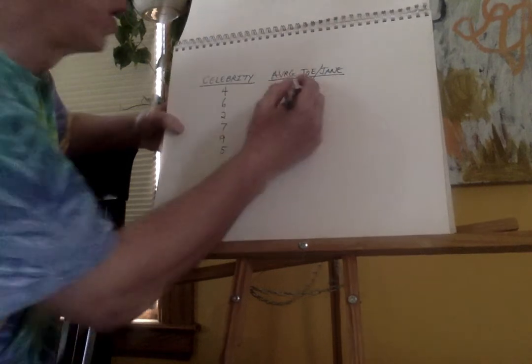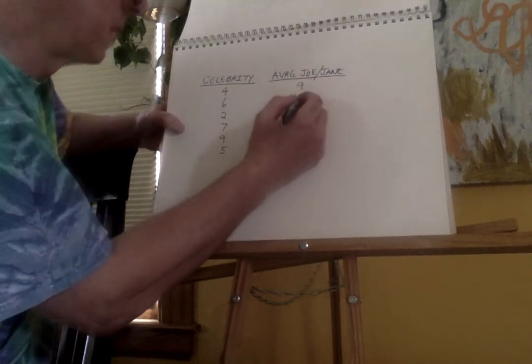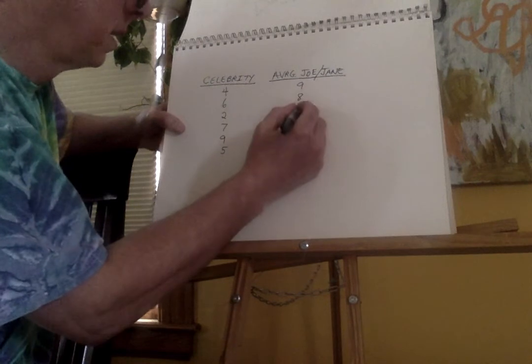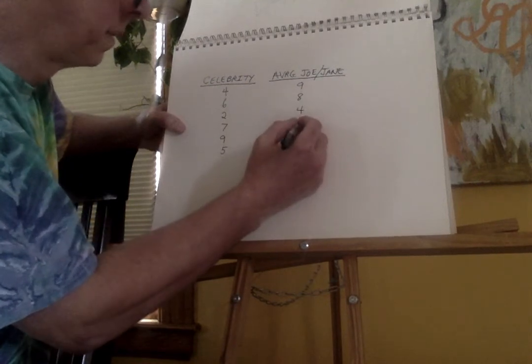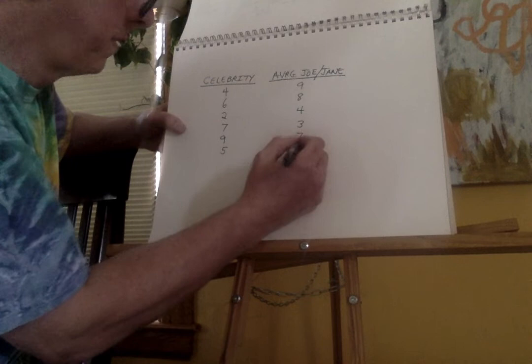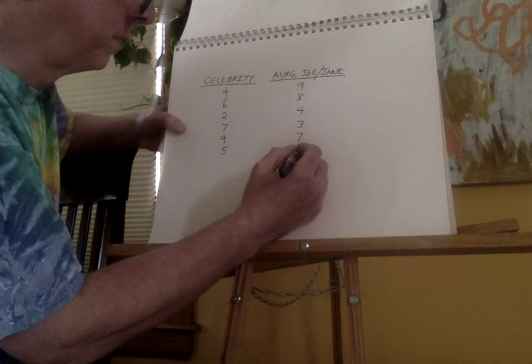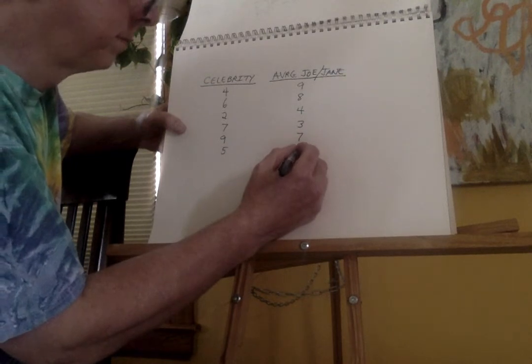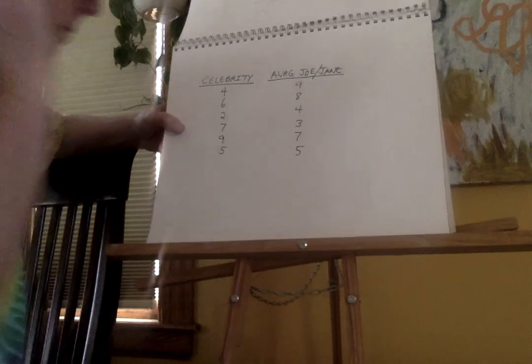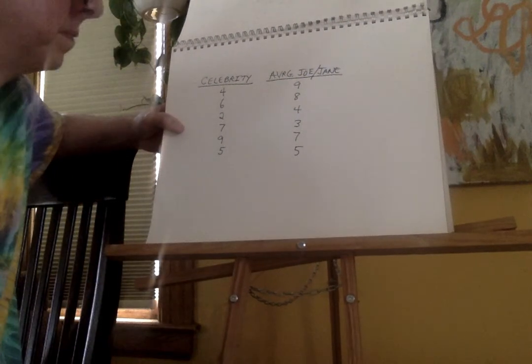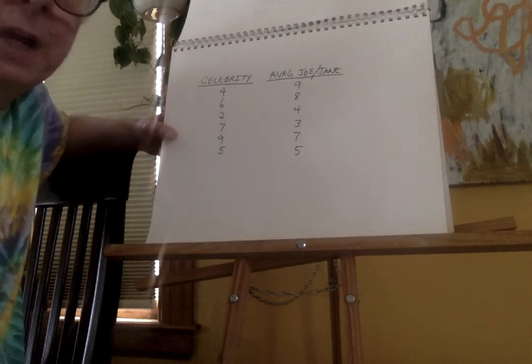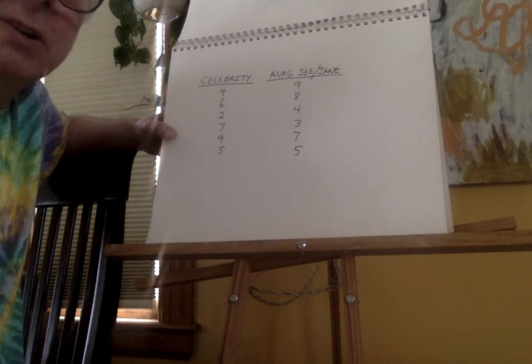And for the average Joe, the first person says 9, and 8, and 4, and 3, and 7, and 5. Okay. So there are our data.